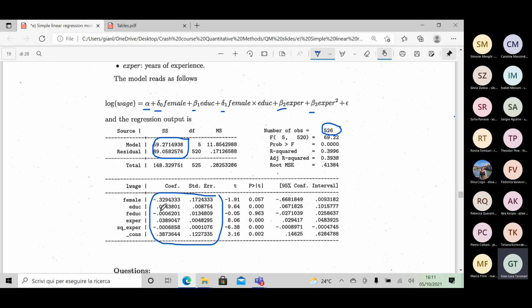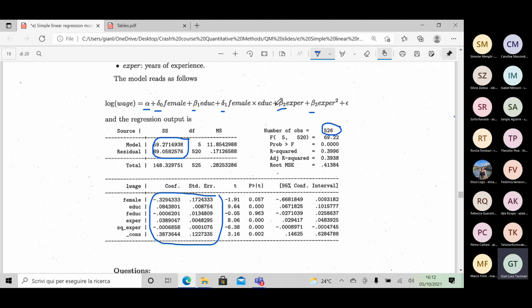EDUC, 0.0844. Are you able to see this number, guys? 0.0843801 is the estimate of beta 1, so this is beta 1 hat. And now FEDUC, this is the estimate of delta 1, so it is delta 1 hat.